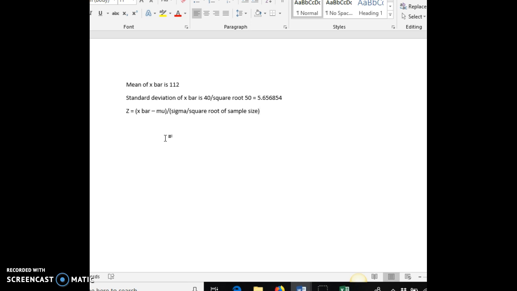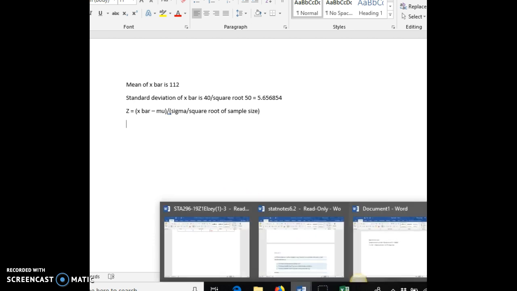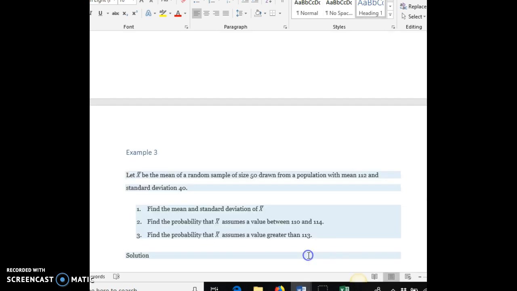All right, well, let's fill in with the information that we've got from part 2. We're going to have to do this twice since we have 2 different values. We want to find the probability between 110 and 114. Now we're going to use these z-scores in the same way that we did in prior examples.